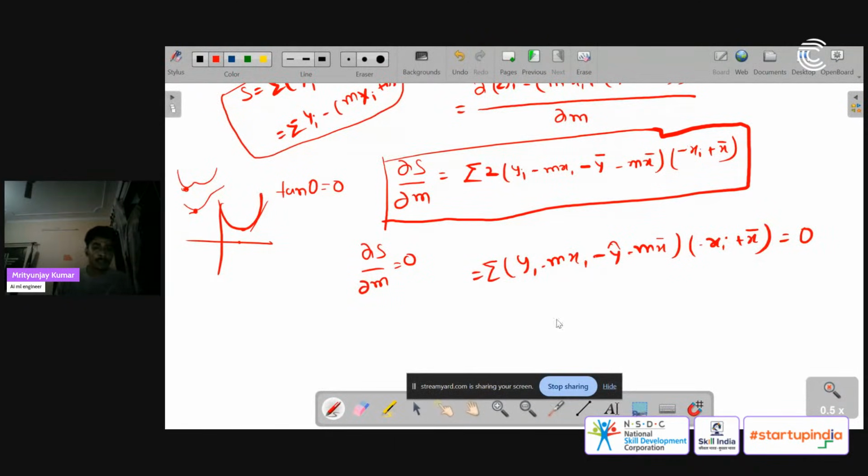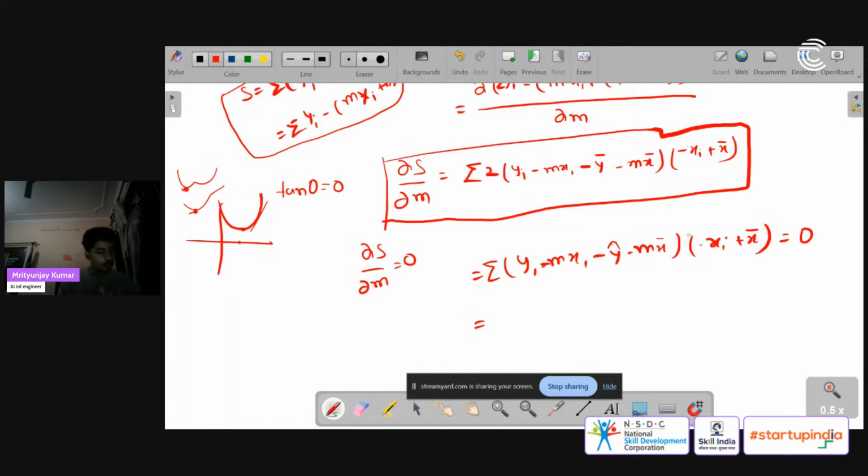Now, these two expressions are in different formats, so we are going to make them a single unit.